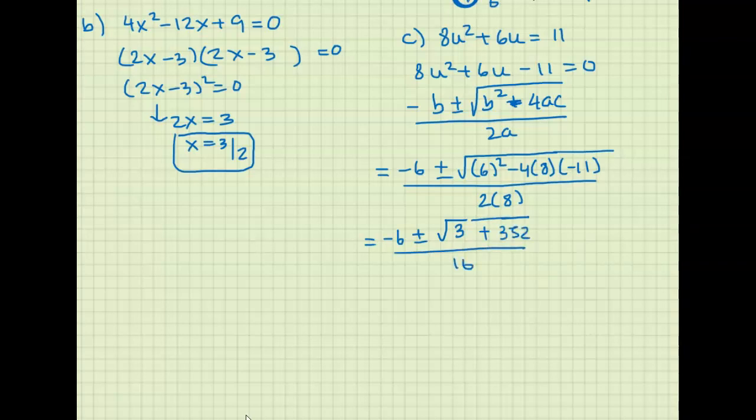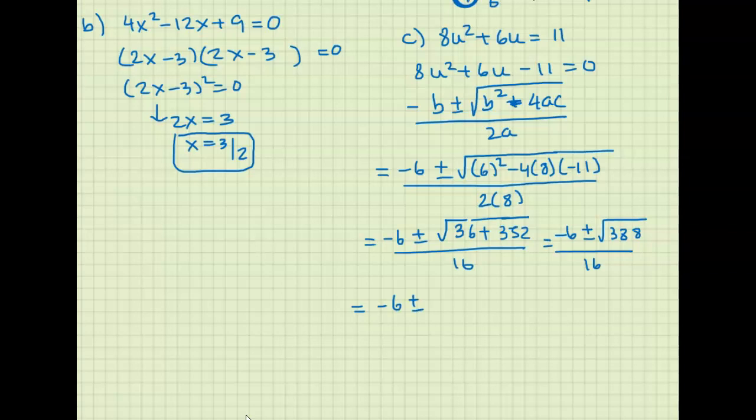Divided by 16 gives me negative 6 plus or minus the square root of 388, divided by 16. Alright, let's see, 388, I don't think that's a perfect square. No. But it simplifies.